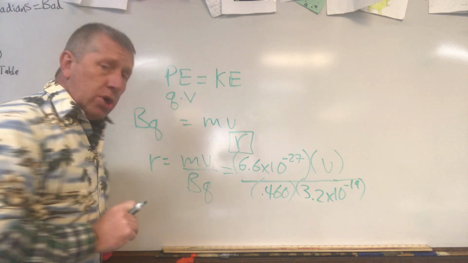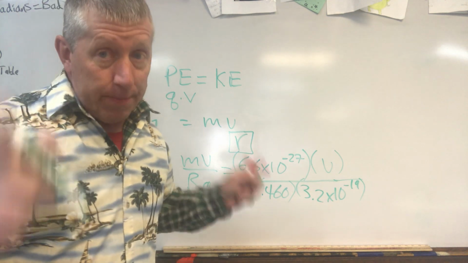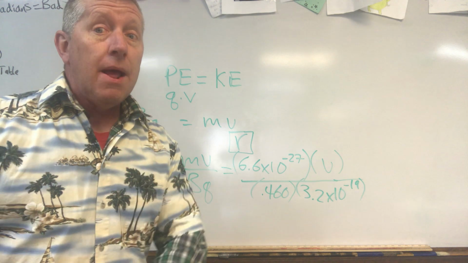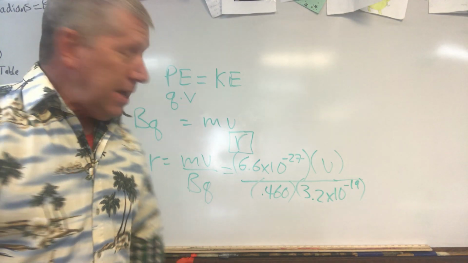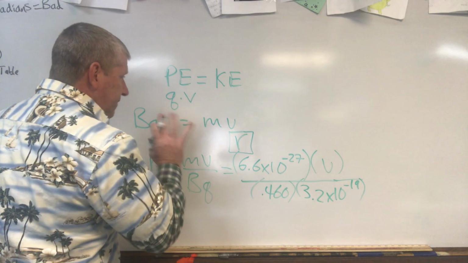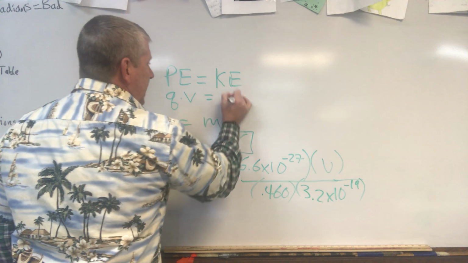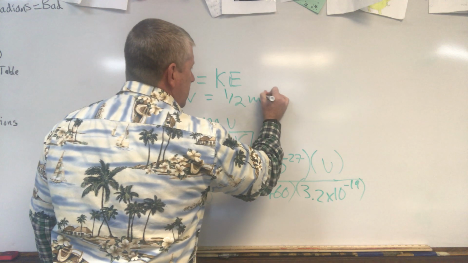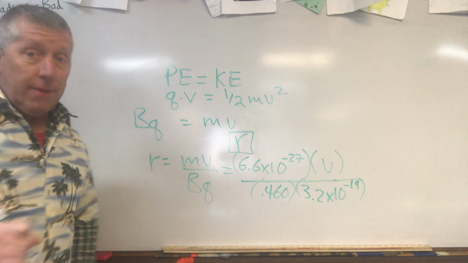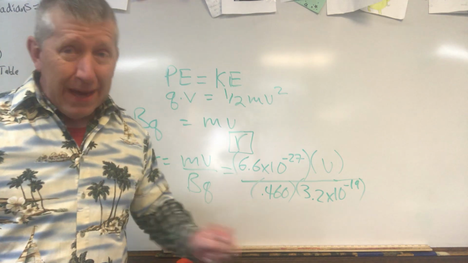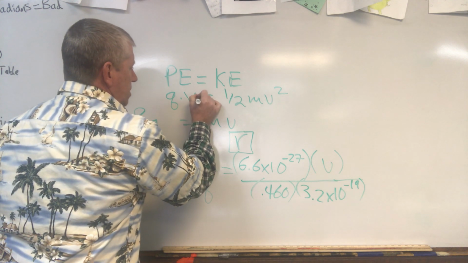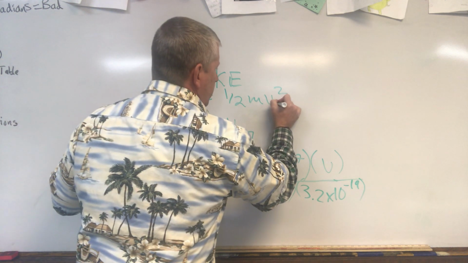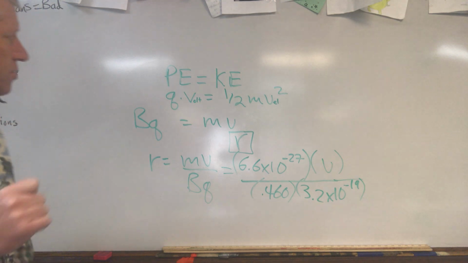It's equal to the charge of the particle times, now that V here, be careful, is not velocity. That's voltage. That's where the 4,500 comes in, dear kids. You see, this is voltage, not velocity. So kinetic energy is 1/2 m v squared. Now that v is velocity, so you gotta be careful of that. It can be a little confusing. So this is voltage, and this one here we know is velocity from the kinetic energy equation.